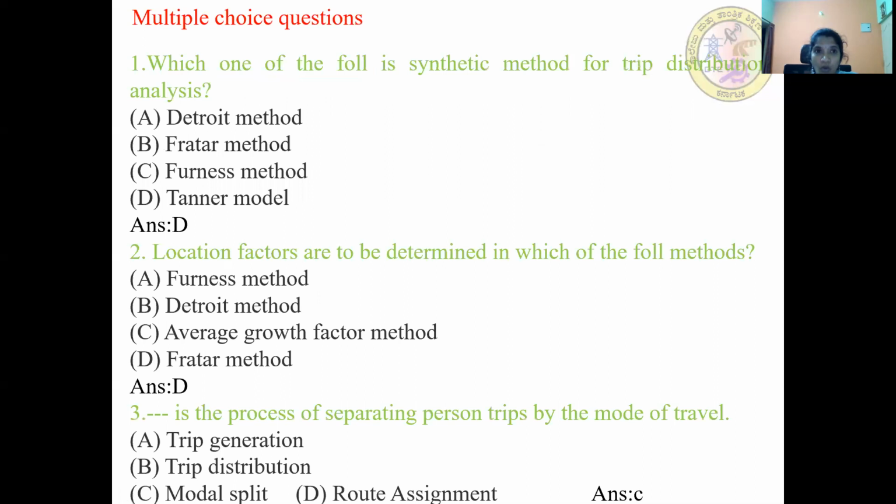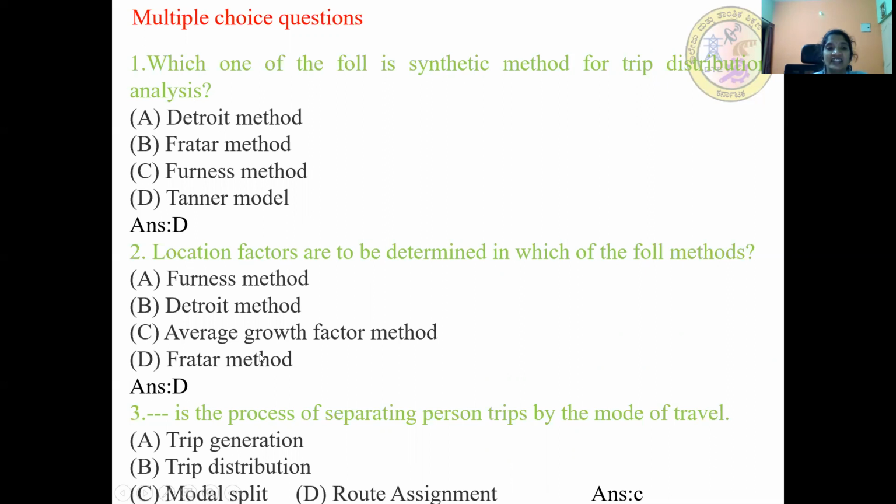So next we can move on to multiple choice questions. Which one of the following is a synthetic method for trip distribution analysis? Answer is D, that is Tanner's model. Next question: location factors are to be determined in which of the following methods?